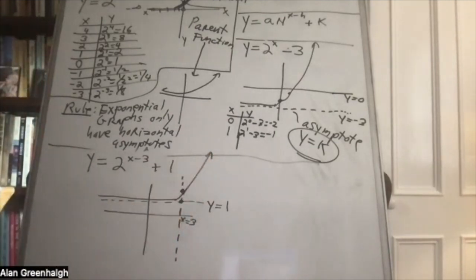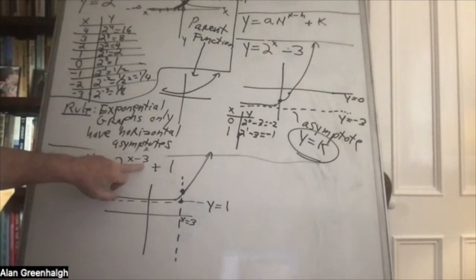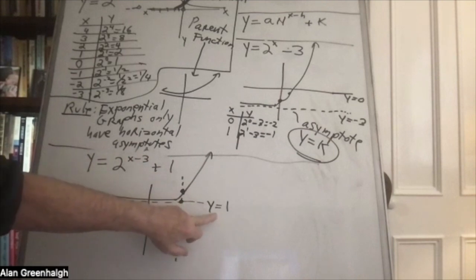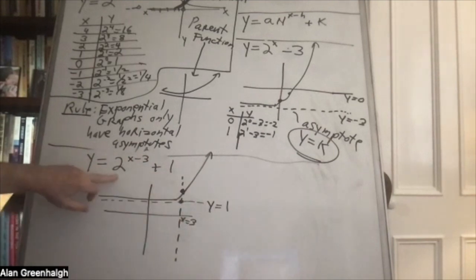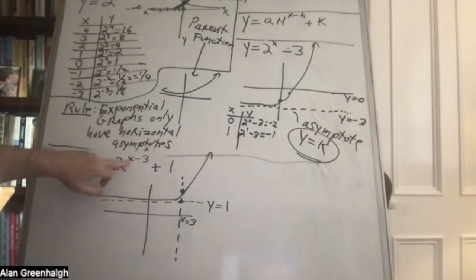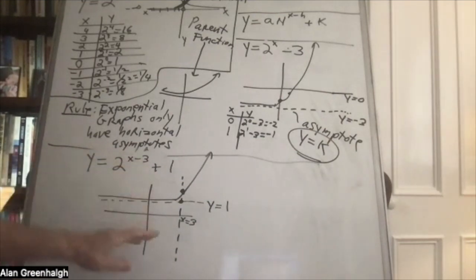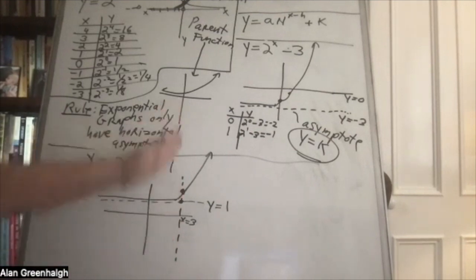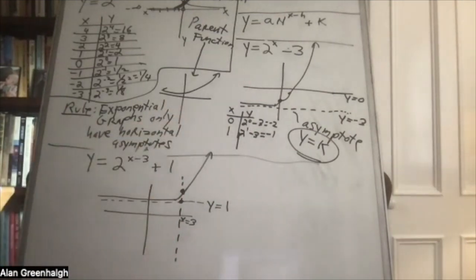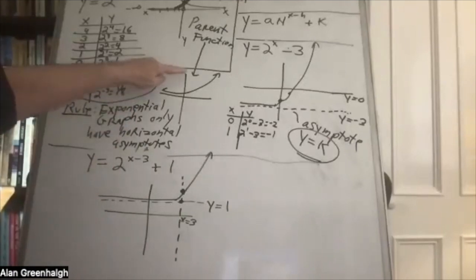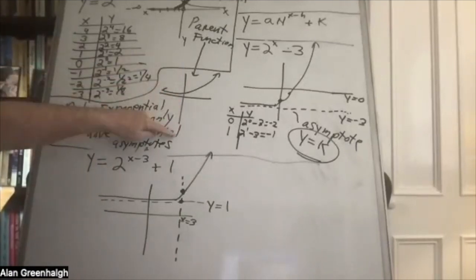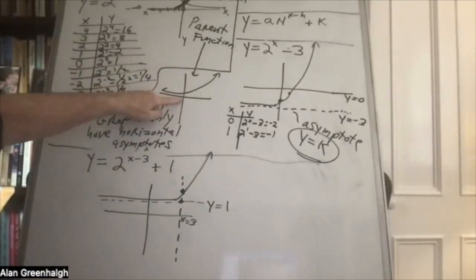So that's what I forgot. I forgot the h. The k is equal to 1, and that's where that comes in. But the h is equal to 3. So that's where, and it's not an asymptote, but that's the new y-axis. That's what this was at x equals 0.